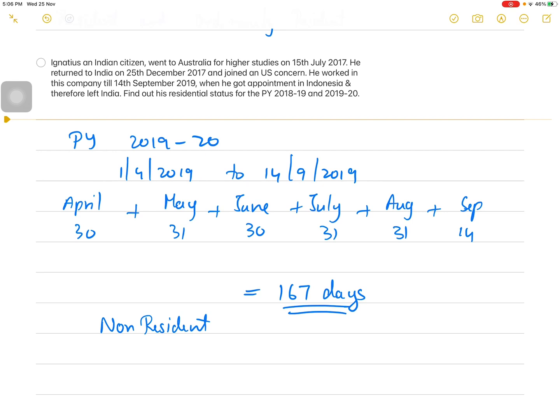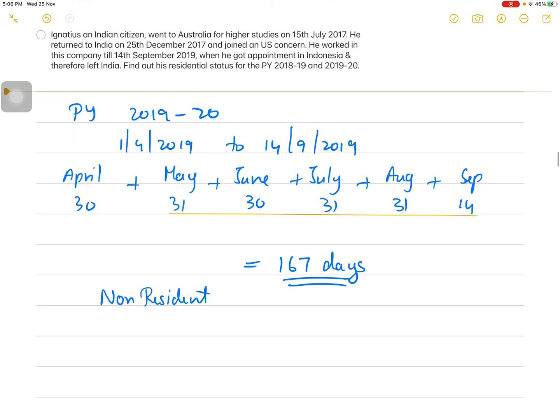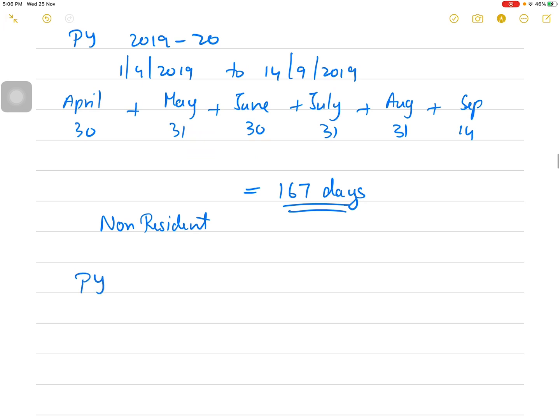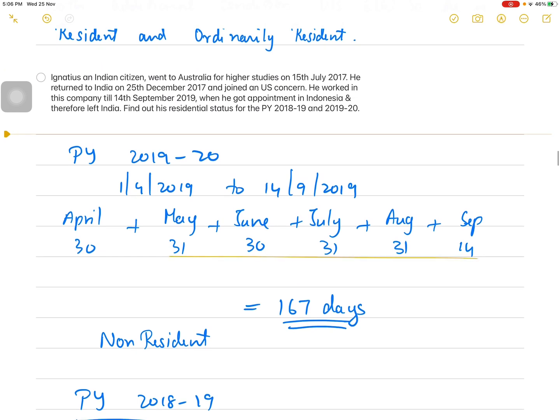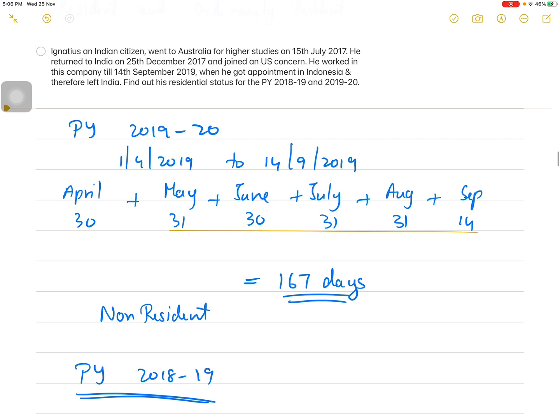Now for the previous year 2018-19. He went to Australia for higher studies on 15 July 2017 and returned on 25th December 2017.